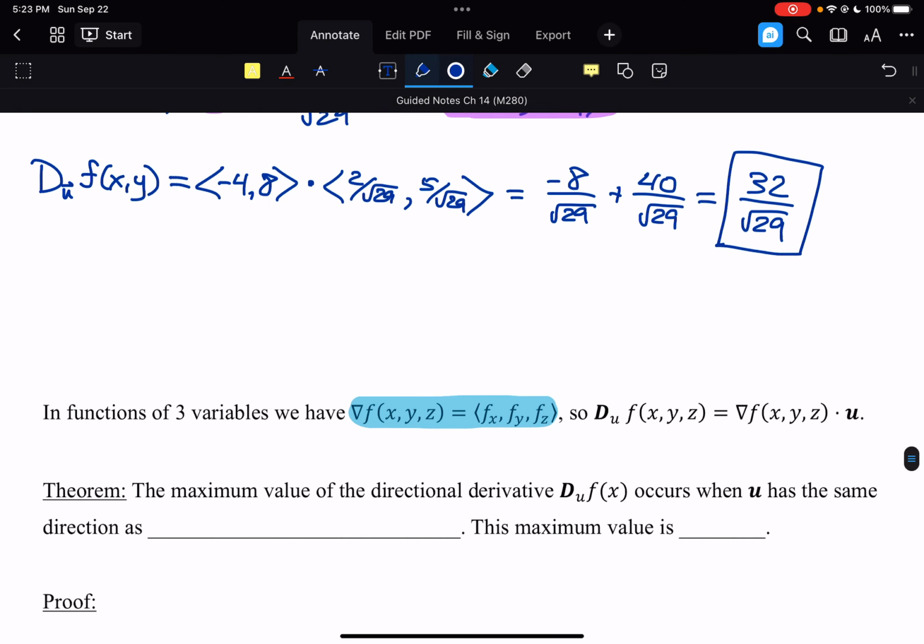Now, an interesting property of the gradient and the directional derivative: the maximum value of the directional derivative occurs when u, that direction vector, has the same direction as the gradient vector, grad f.